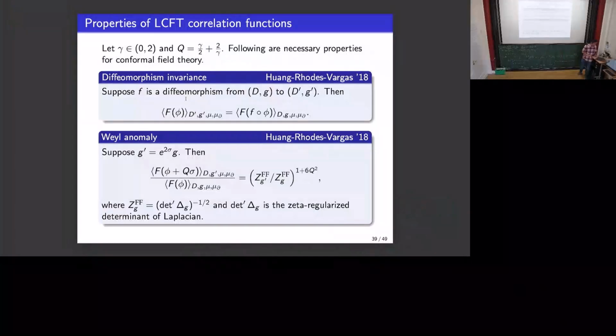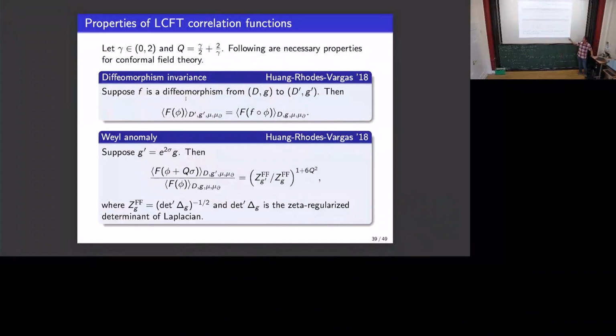So we're not going to use these properties, but it's maybe good to just state a few of these. Why do we say that it's a conformal field theory? Because it satisfies the following properties. I wrote this in a rush, so if there's a mistake, please point it out.